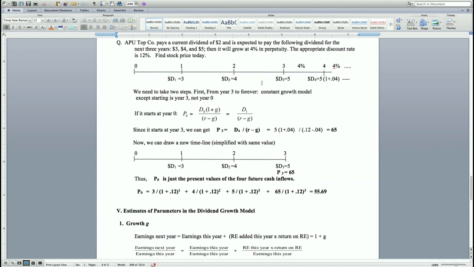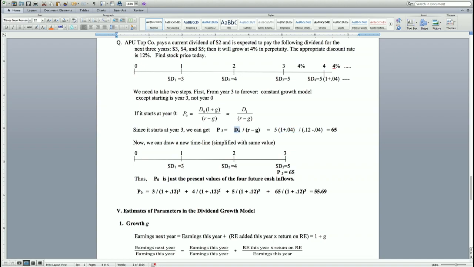Then using the numbers, either you use D0 times 1 plus G, oh, we can't do that because here the growth is irregular. Since we know D3 is 5, D4 is simply 4% more than D3. So to the $5, we add 4%. That means we end up with $5.20.